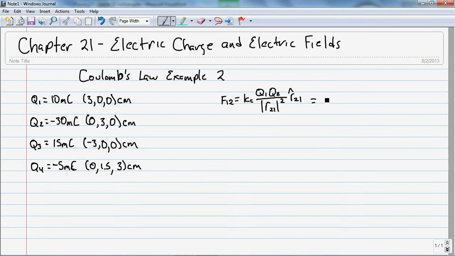Or we can write this as K Q1 Q2 over R21 cubed, times the vector R21.